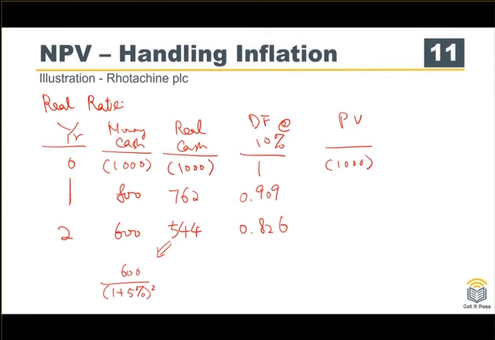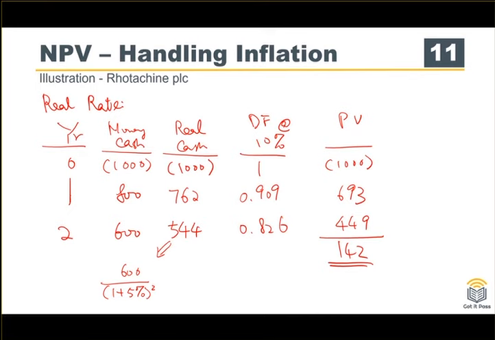So 762 times 0.909 is 693, and 544 times 0.826 is 449. Altogether, you sum them up, 142. Only $1 difference is the rounding.